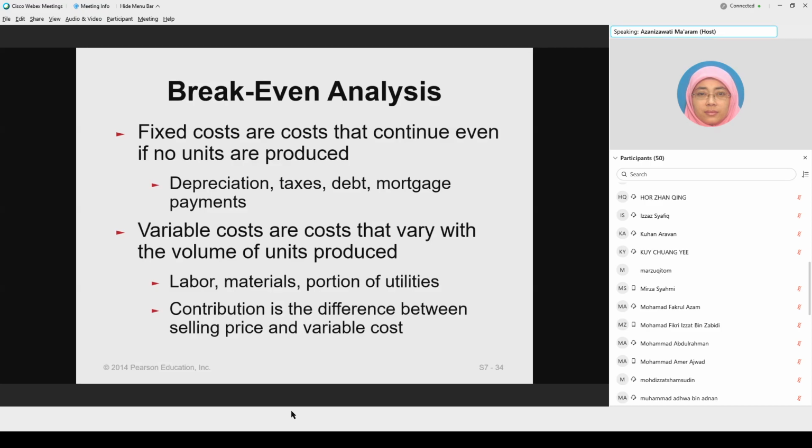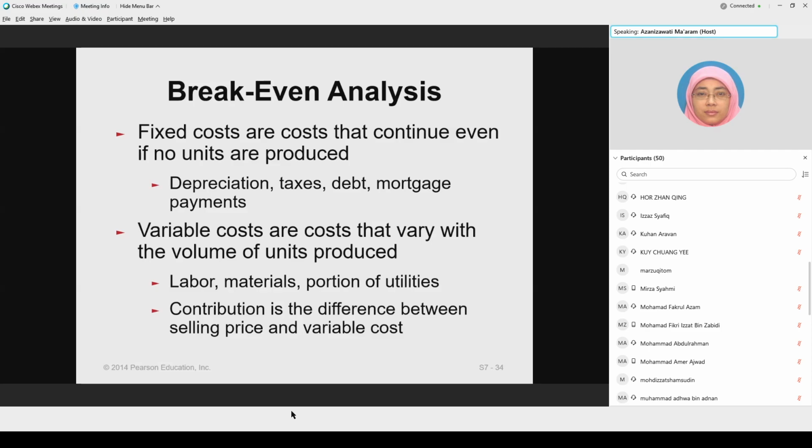For the machine, if let's say you buy the machine, then even though you produce the products 200,000 versus with 500,000 units, but the price of the machine, the cost of the machine is still same. So that is fixed cost.